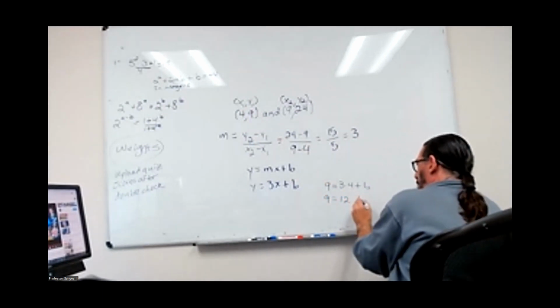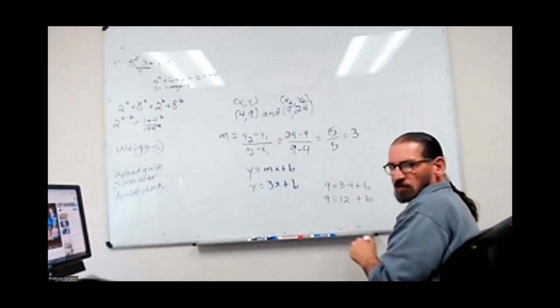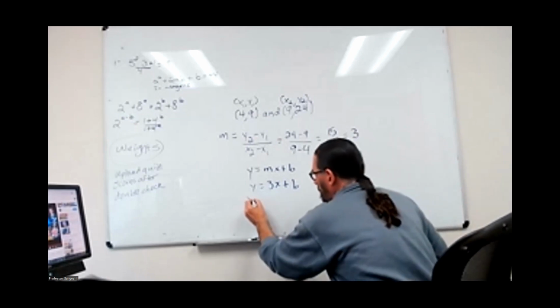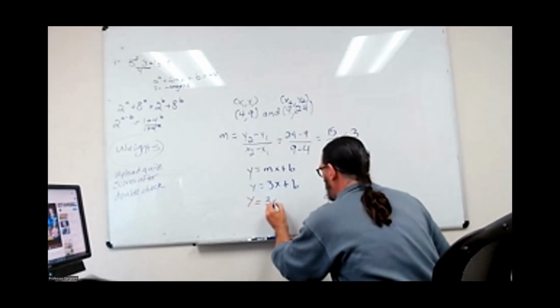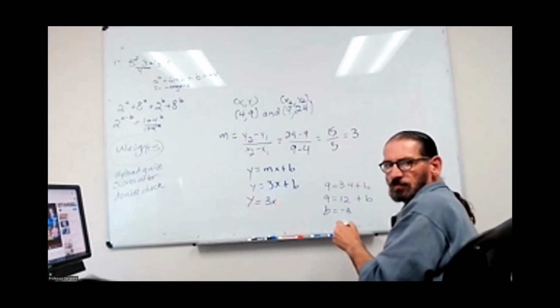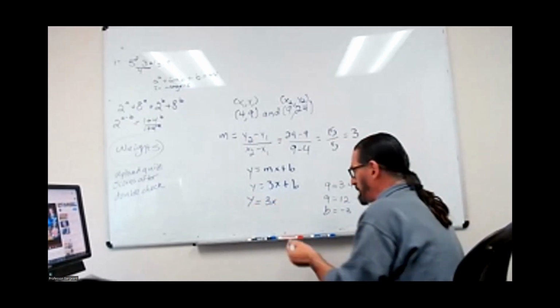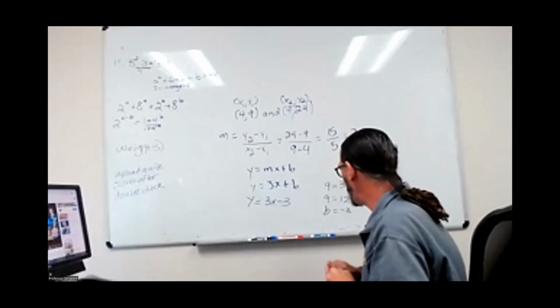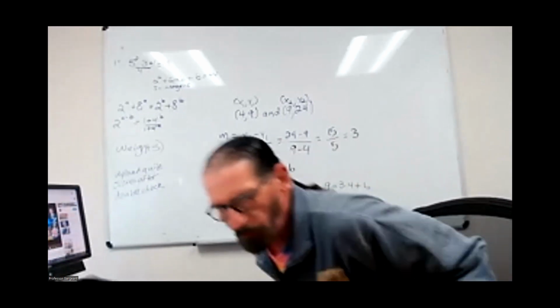Clean up the arithmetic here. Subtract 12 from both sides. And we have that b is negative 3. Now, I'm not going to write plus negative 3, not on paper or on a board. I would write that as 3x minus 3.